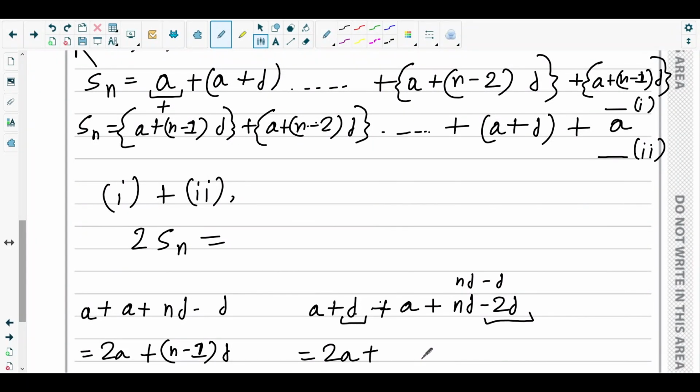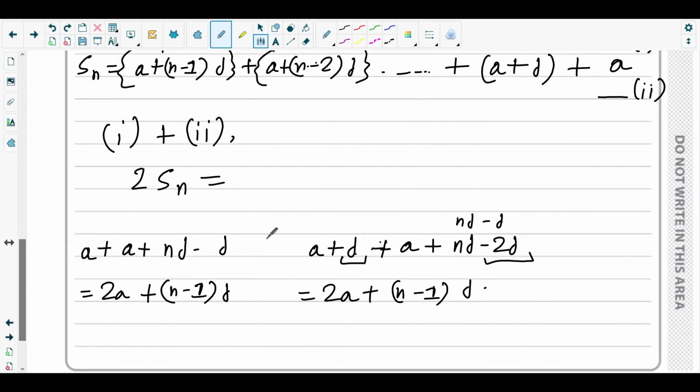We can take d common, so that would be n minus 1 times d. Like that, if you add the respective corresponding terms of the two equations, you will see that they are giving 2A plus n minus 1 times d.